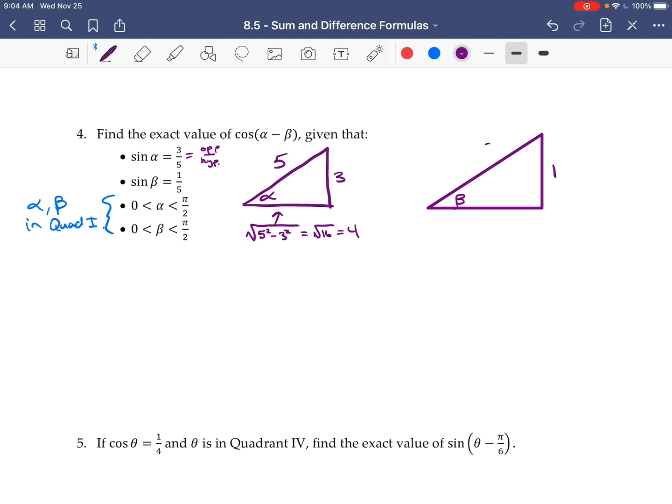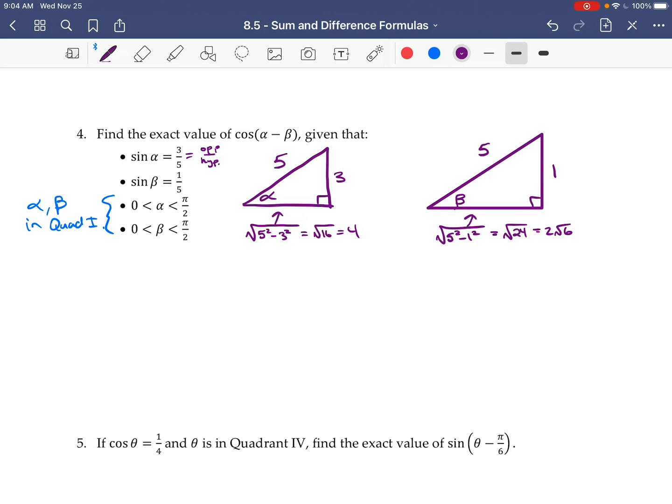So this is 1, this is 5. So this side is the square root of 5 squared minus 1 squared, so that's 25 minus 1, so square root of 24, which I could take out a 4 there, so this is 2 root 6 on that side.